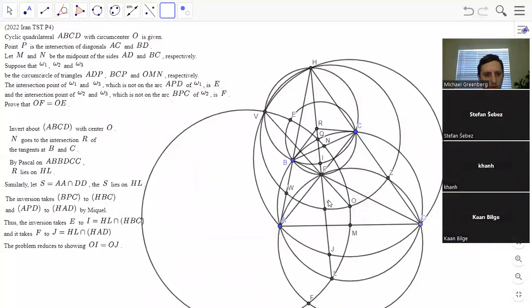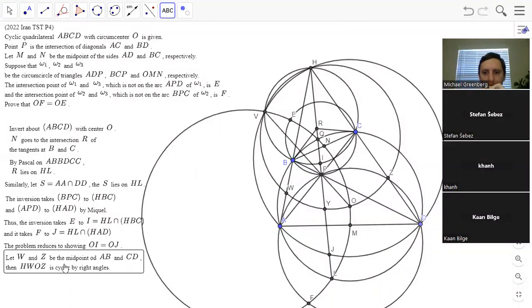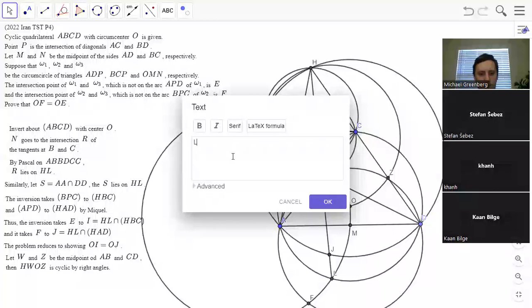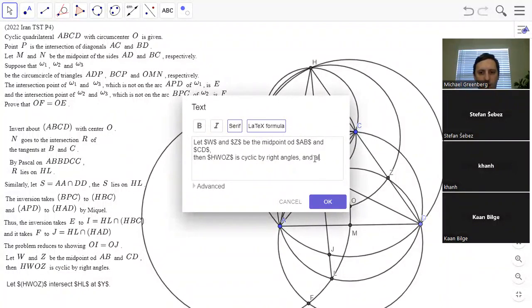All right. Let HWOZ intersect HL at Y. Okay, so I'll say cyclic by right angles.